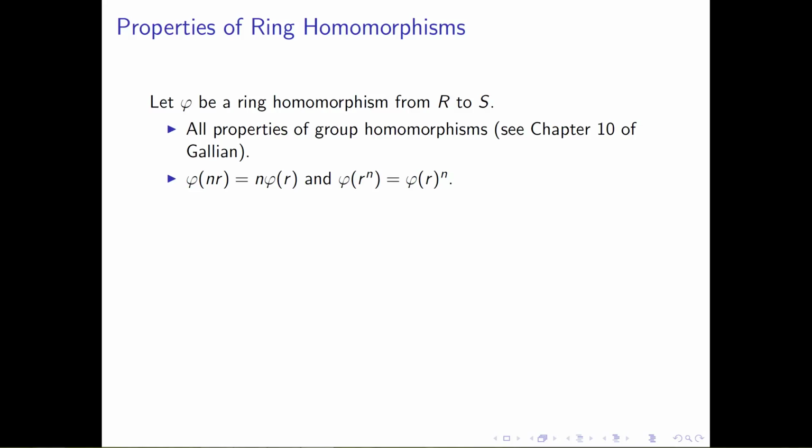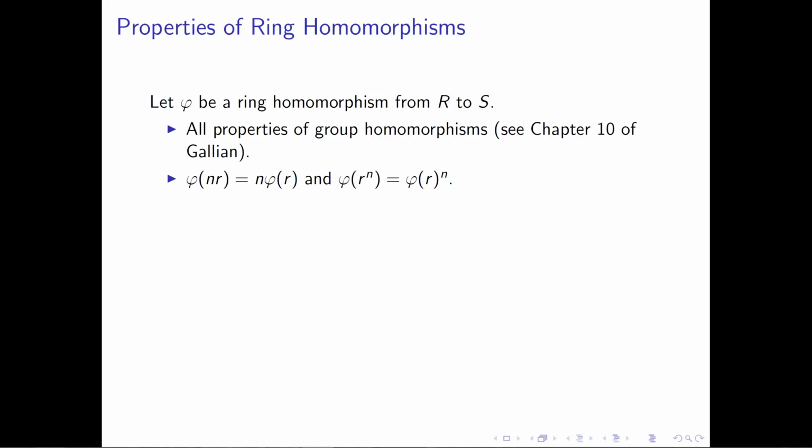Remember that exponentiation, r to the n, means r is multiplied by itself n times: r times r times r times r. So really this is just a generalization of the fact that phi of a times b must be phi of a times phi of b. You can generalize that to phi of any number of elements multiplied together is just phi of the product of that number of elements multiplied together.